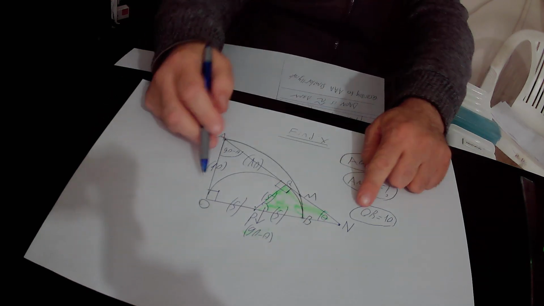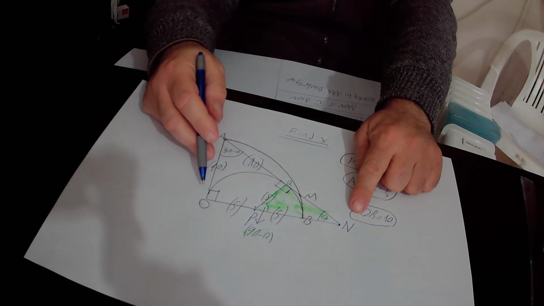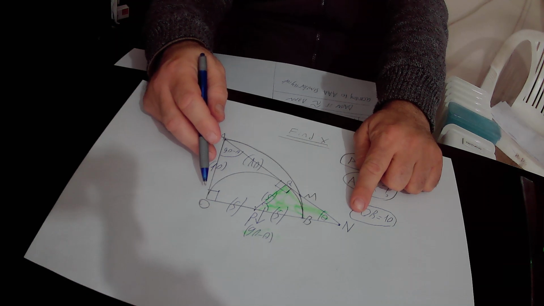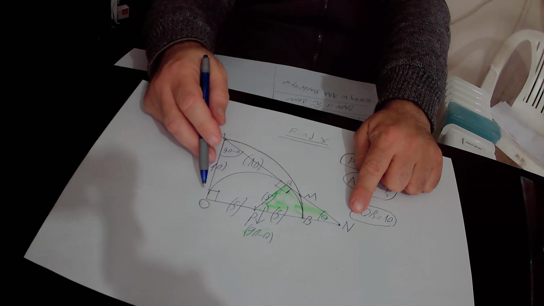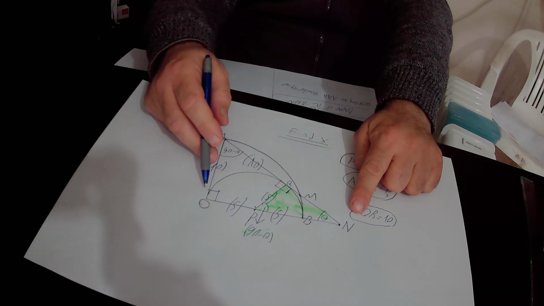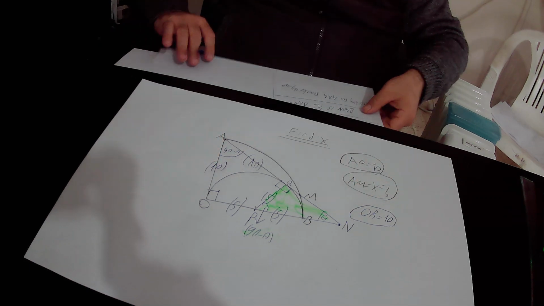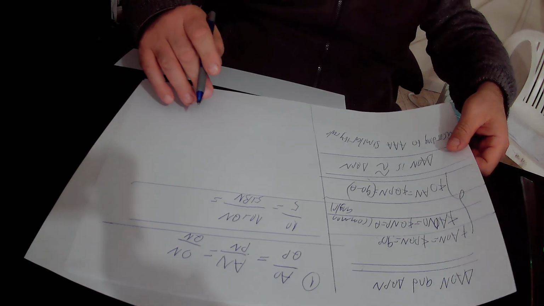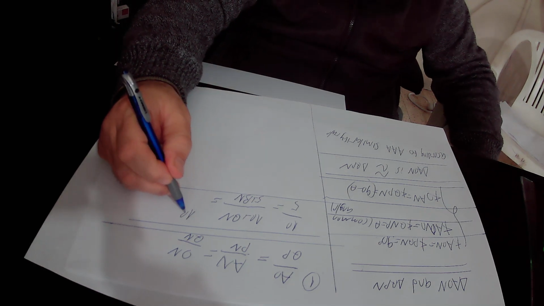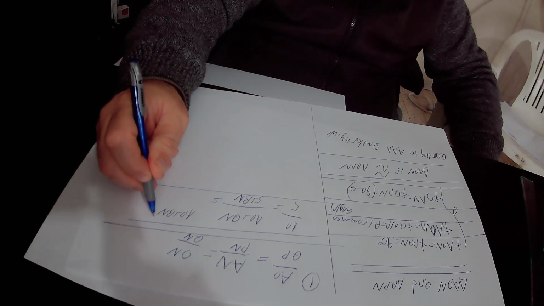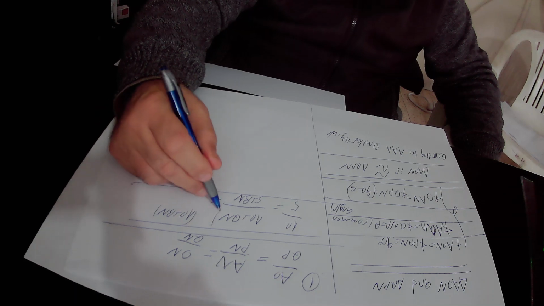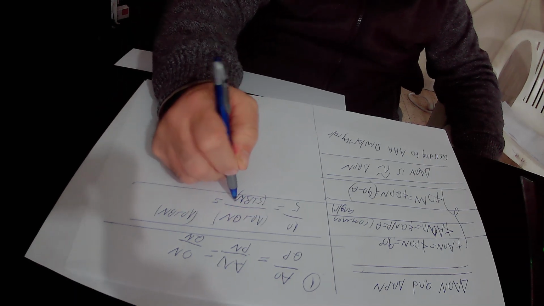What is the length of ON? From the drawing, it is very easy to see that ON in total equals OP plus PB plus BN. That is to say, ON equals OP, that is 5, plus PB, that is also 5. 5 plus 5 is 10, plus BN. So in total, ON equals 10 plus BN, over QN.